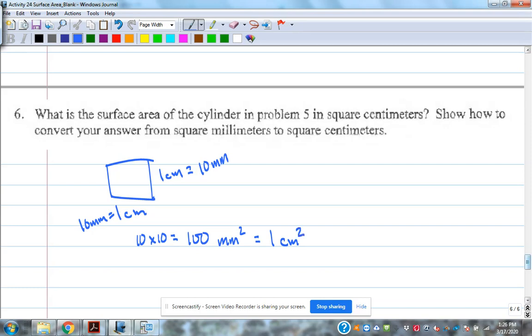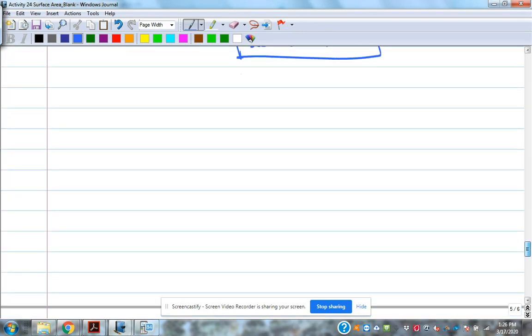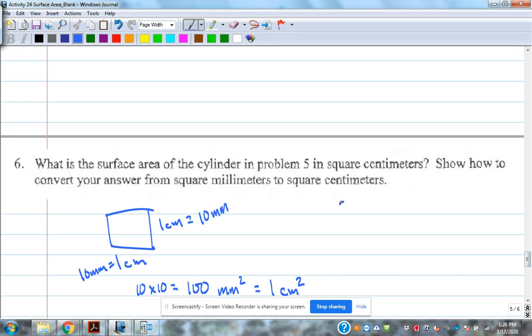So we're going to take our number, 2009.6 square millimeters, and we're going to divide it by 100 square millimeters. And that's going to give us square centimeters. 20.096.